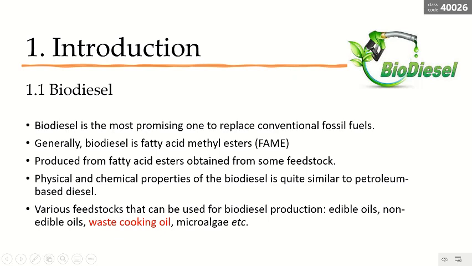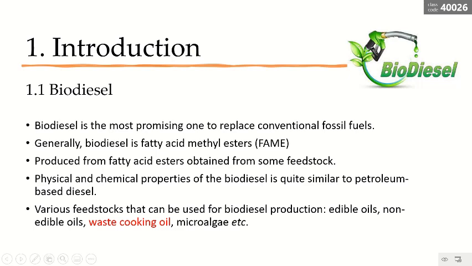Okay, and what we want is the biodiesel produced or generated. They should have similar physical and chemical properties. So basically, they should be of equivalent quality compared to the petrol-based diesel now sold on the market.